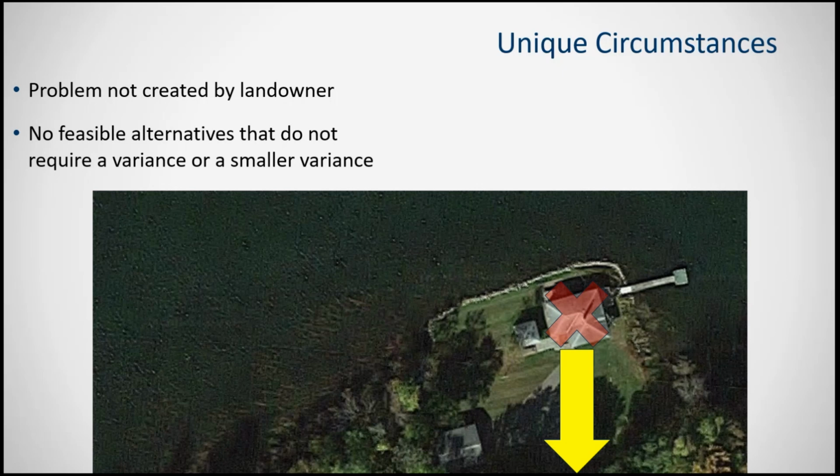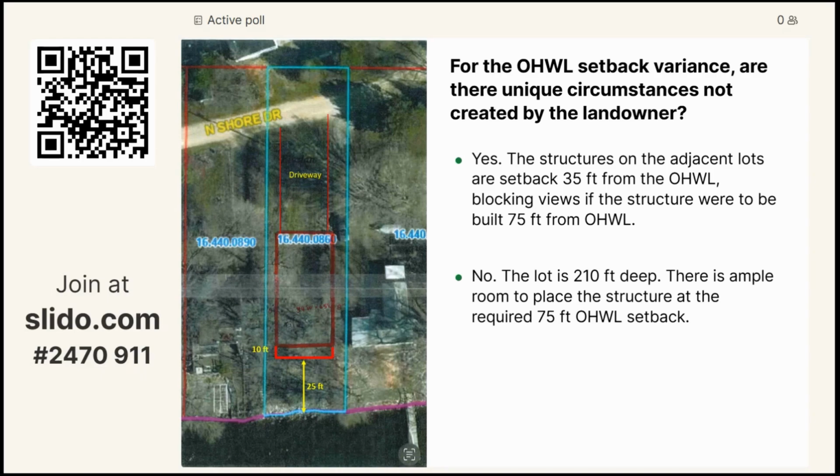And so let's look at a couple questions about this. So for the first variance, the ordinary high water setback variance, are there unique circumstances not created by the landowner? And on the screen are two decisions, each one supported by a written finding. Now, granted, these are not very long findings, because of the presentation format here. In a real setting, you would provide much more detail for your findings.